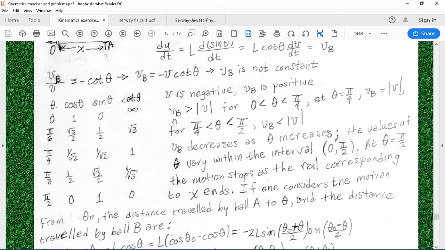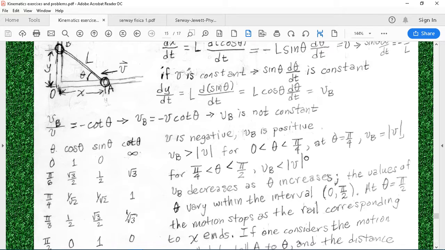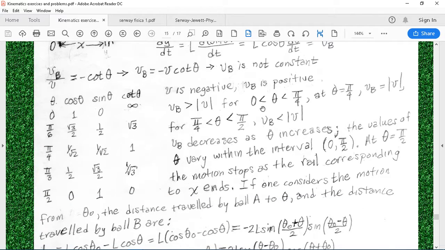So that means that the magnitude of vb is greater than the magnitude of v for theta from 0 to pi fourths, equal to the magnitude of v at theta equals pi fourths, or 45 degrees, and less than the magnitude of v for theta between pi fourths and pi halves, or 45 degrees and 90 degrees.